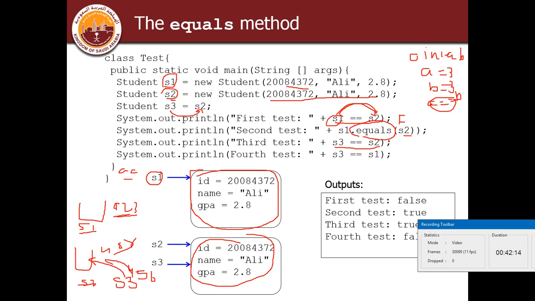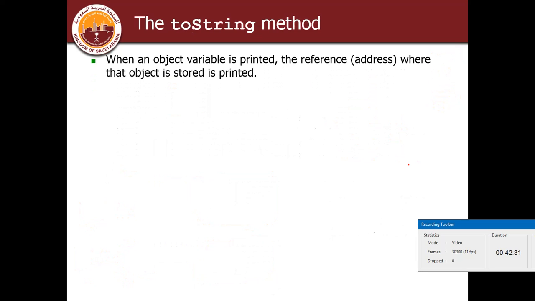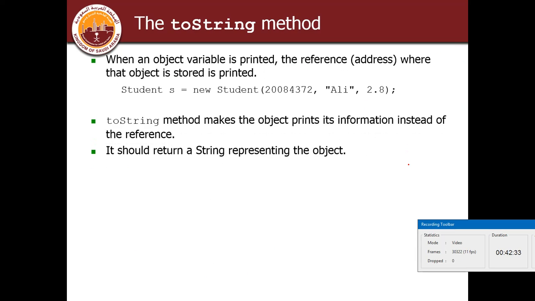So in this case, it will give me the answer true. S3 equals to S1: S3 is pointing to 456, S1 is at some other memory location, so it will print false. So we can use the dot equals method when we are comparing objects of the class.